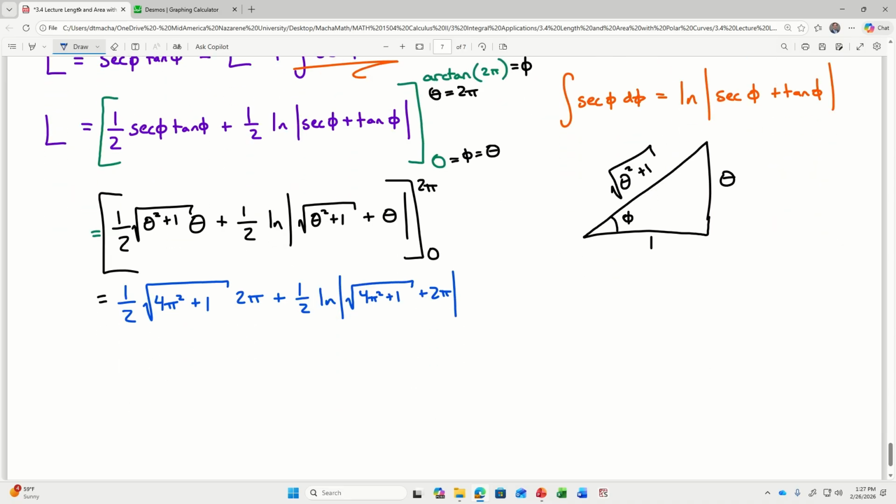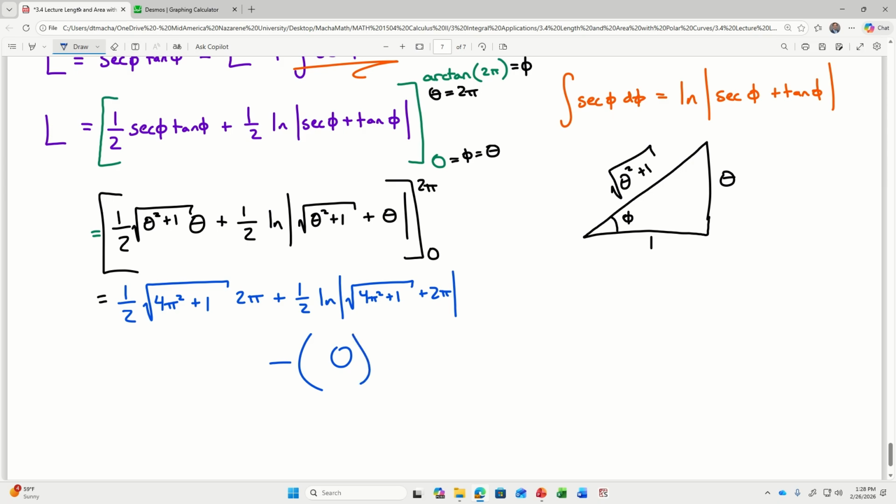And then we are going to subtract what we get when we plug in 0. If I plug in theta is equal to 0, then the first term is 0. This is 0 squared plus 1. The square root of 1 is 1. What's the natural log of 1? 0. So when I plug in theta is equal to 0, everything goes to 0.